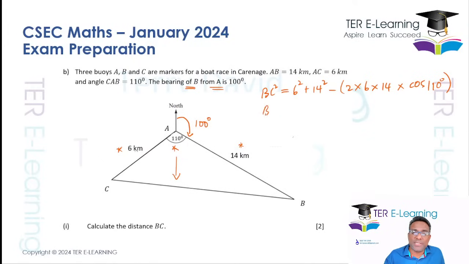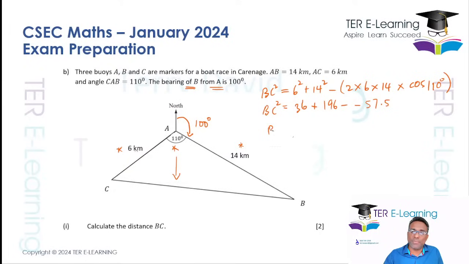So BC squared is equal to 36 plus 14 squared, which is 196. Yeah, this is 196 minus 2 by 6 by 14 by cosine 110, and this is going to be minus 57.5.